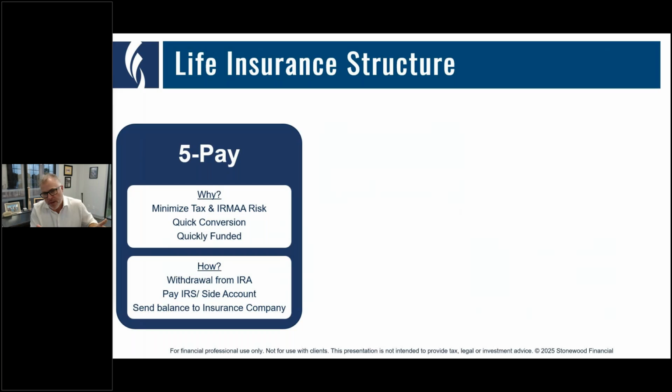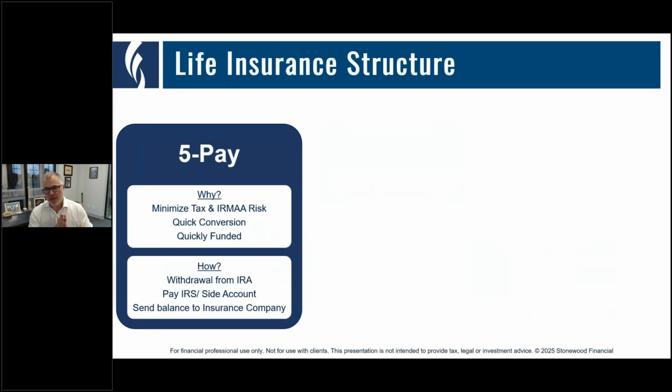It's the shortest amount of time that makes sense inside the life insurance contract, while maintaining the tax-free nature of the life insurance, but also minimizing legislative risk and tax risk. The sooner we complete the conversion, the less risk we're going to have. The longer the conversion, the more variables that could come into play.